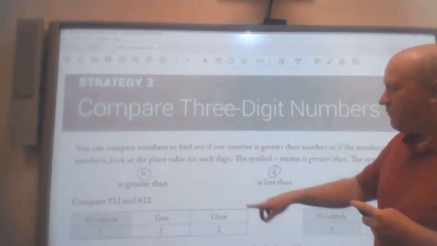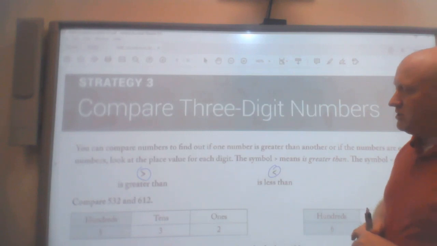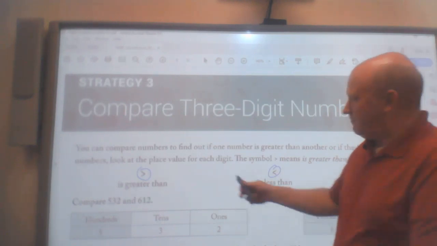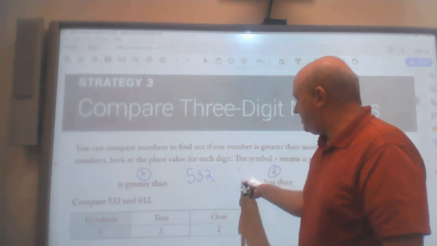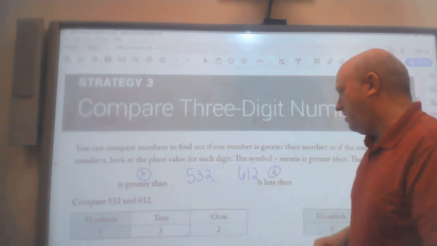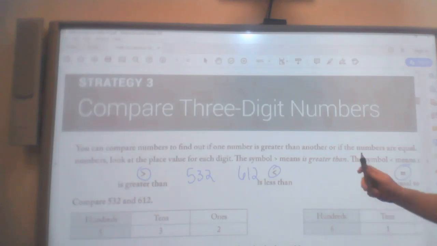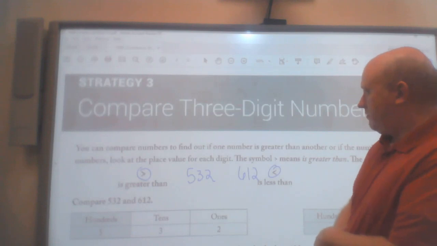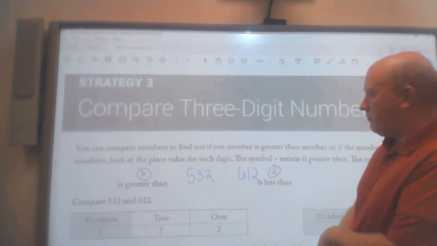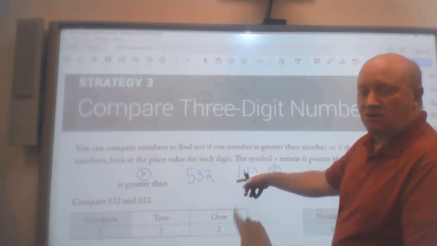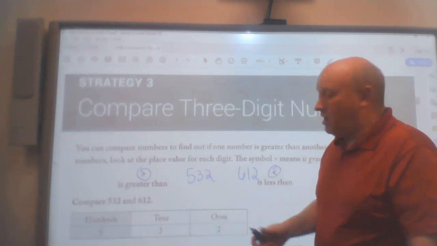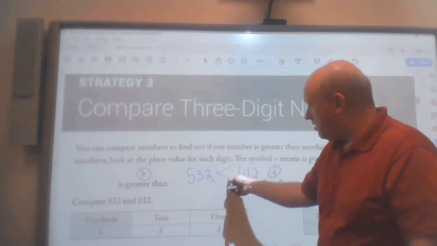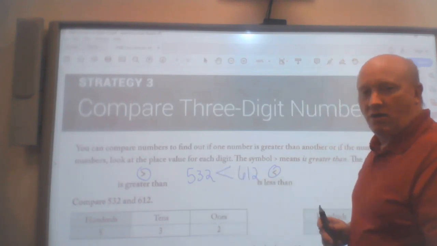Okay? Now, for example, let's compare 532 and 612. Which number is greater? We always look at the number farthest to the left first. Is 6 greater than 5? Well, that's all you need to know. And remember, the mouth will go to the largest number.